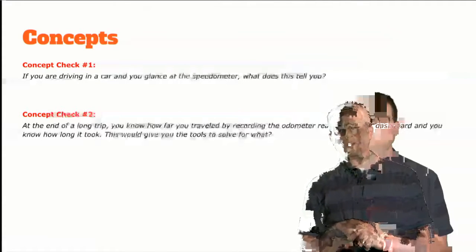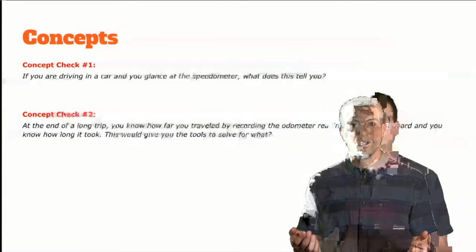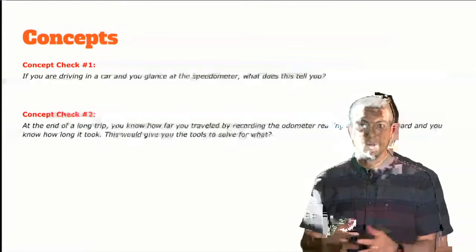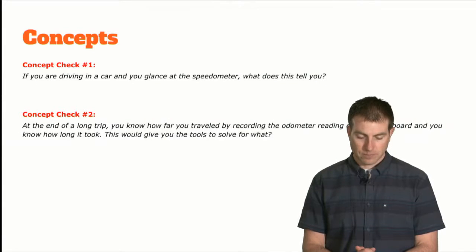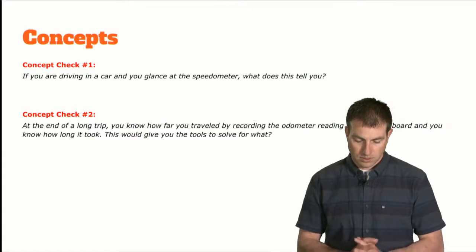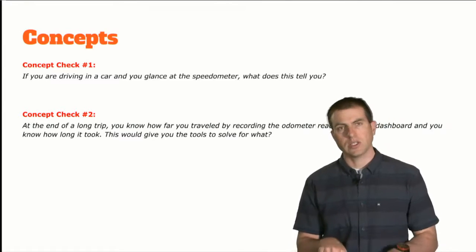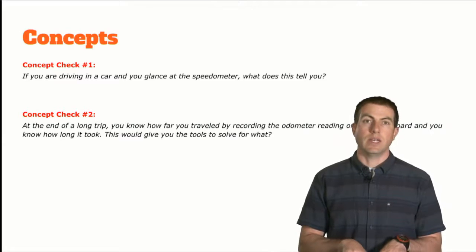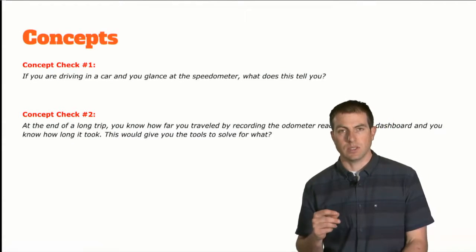Given those two pieces of information, what could we solve for in terms of some of the variables we've been talking about? You know how far you've traveled, you know how long it took. So we have a distance and a time. What could we get from those distance and the times?